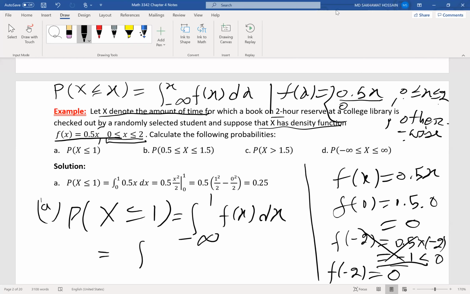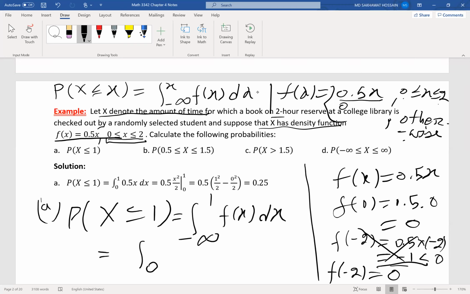What is the smallest value of x for which the function is not 0? Anyone? Yes, 0, right? So the lower limit will be 0.